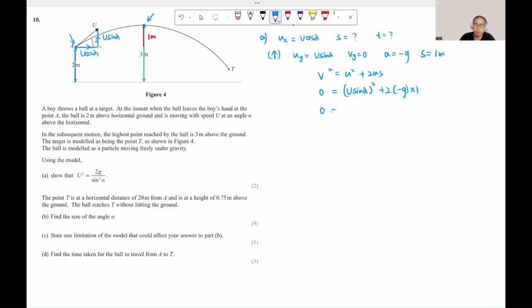Then we have 0 equals u squared sine squared alpha minus 2g. So that means u squared sine squared alpha is equal to 2g. Therefore, we have u squared equal to 2g over sine squared alpha. Then that'll be the answer for part A.